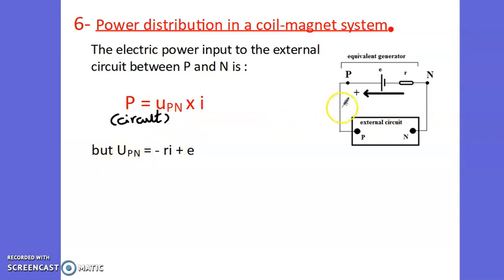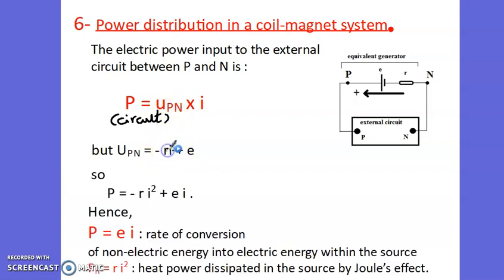But you know that UPN is minus RI plus E. Let's replace here. What do we get? P equal, this is the power of the circuit, minus Ri squared plus EI, EMF times the electric current, okay? The current in the circuit.